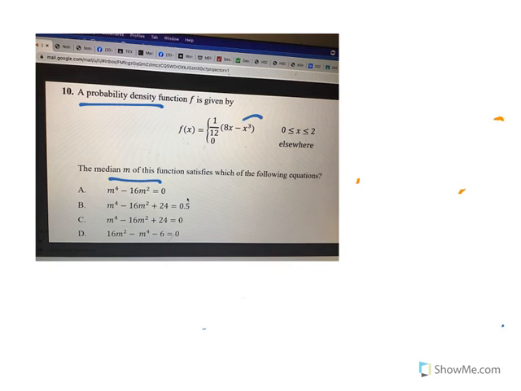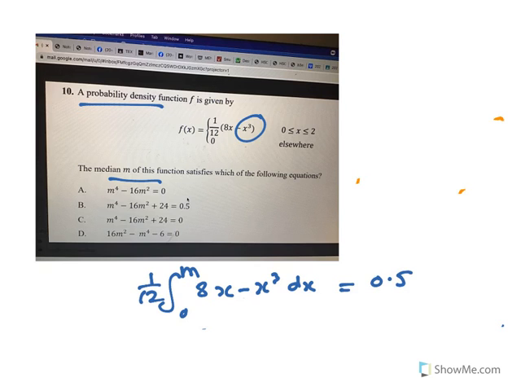Just going to redo it because I didn't write the cube. Okay, so it's the integral from 0 up to m of 1 on 12, 8x minus x cubed dx equals 0.5. So if I times by 12, that'll clean it up a little bit. And then I'm just going to integrate this.